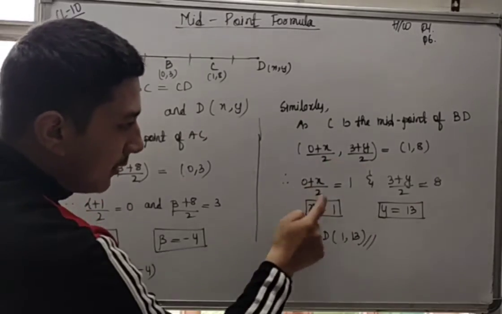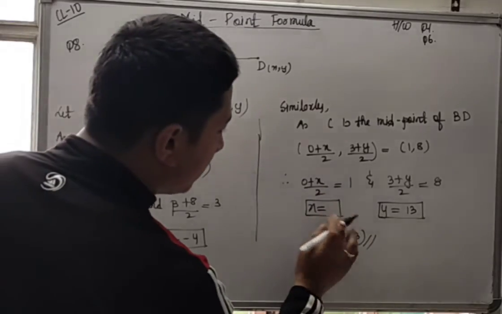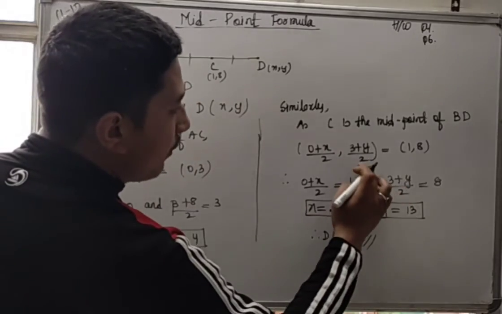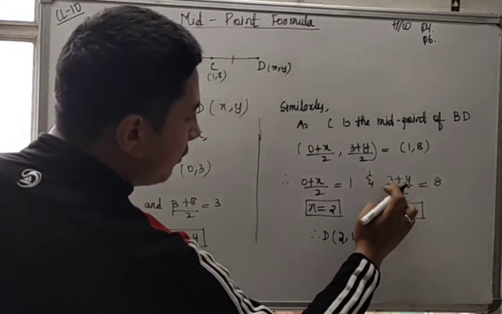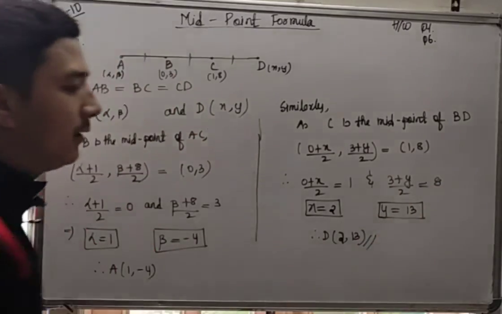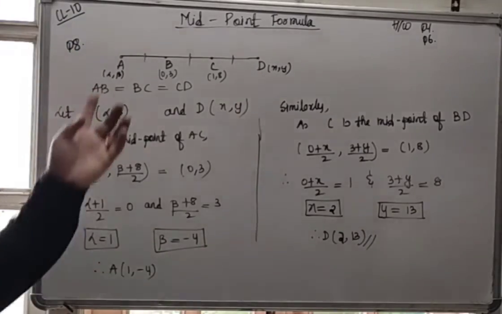So please cross multiply. x is equals to, sorry, my mistake out here, boys, x is equal to 2. Then (3 plus y) divided by 2 equals 8, so 3 plus y equals 16. So y equals 16 minus 3, which is 13. So hence D is (2, 13). So we got A and D.